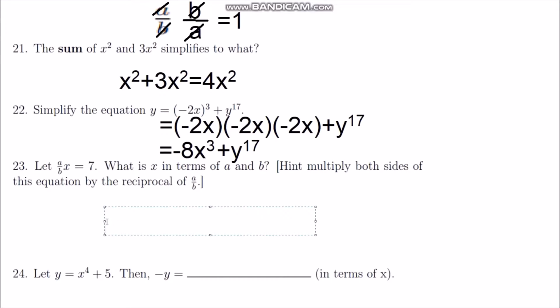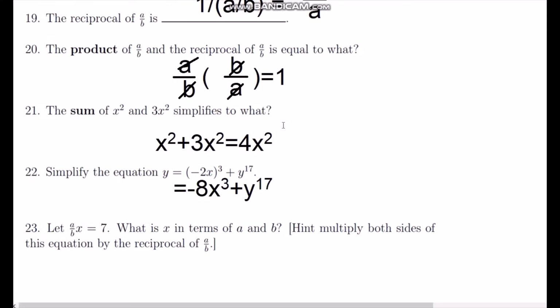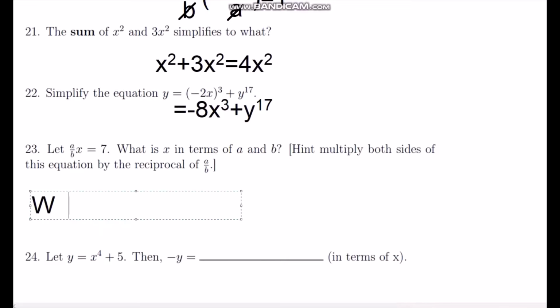For this one, it states, what is x in terms of a and b? Oh, and there's a hint. Let's just rewrite it for good measure. We have this equation here.